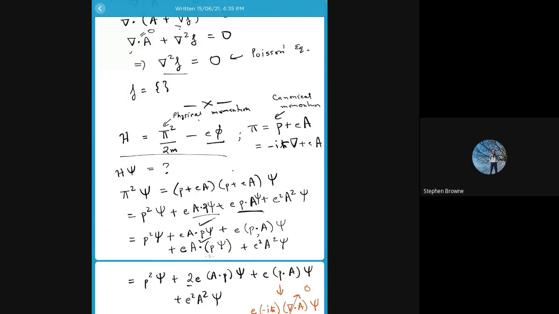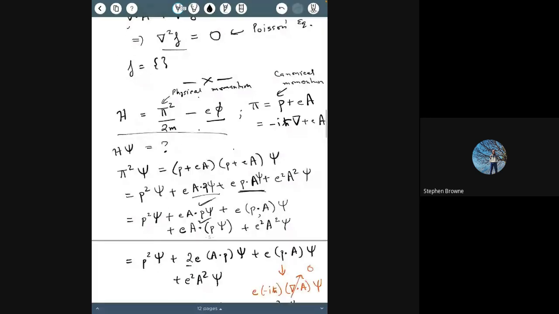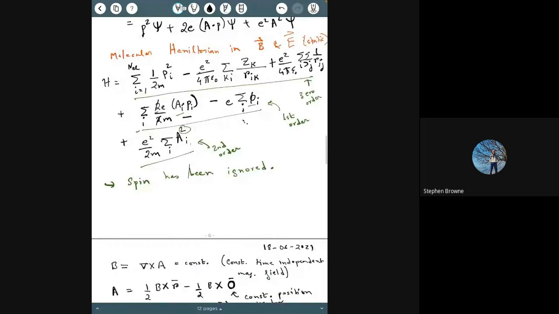That's this one, p squared by 2m minus E phi. If you don't have an electric field, you can forget about it, so this was a free particle, by the way. We wrote the full one here. This is the molecular Hamiltonian in a magnetic and electric field. Now we will ignore the electric field, just the magnetic field.